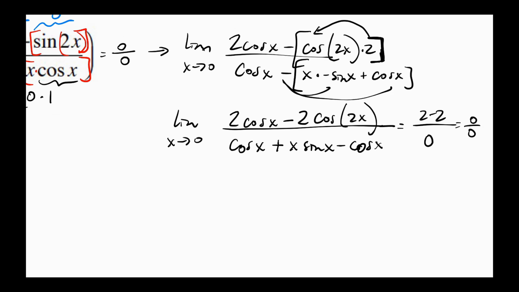You keep doing derivatives, plugging it in until you get something that's on the number line. 0 is okay. So if you get 0 over a non-zero, stop right there. You're done. I think I have done this problem before. If you do the derivative again, you get your answer, something that's not indeterminate.